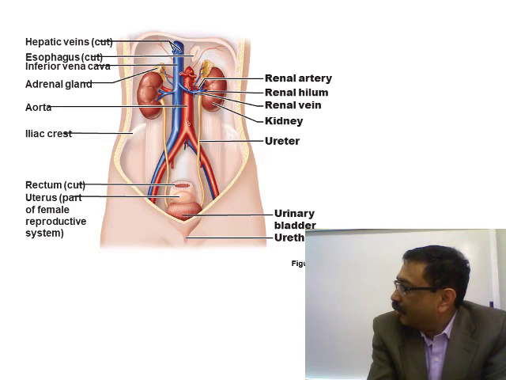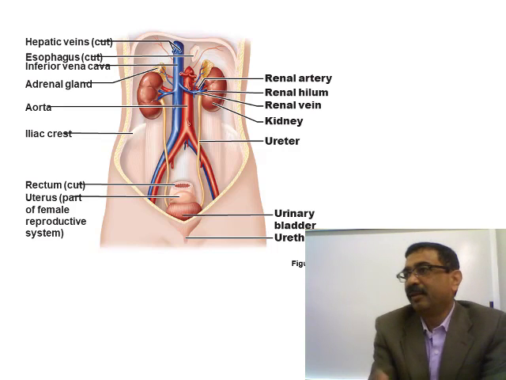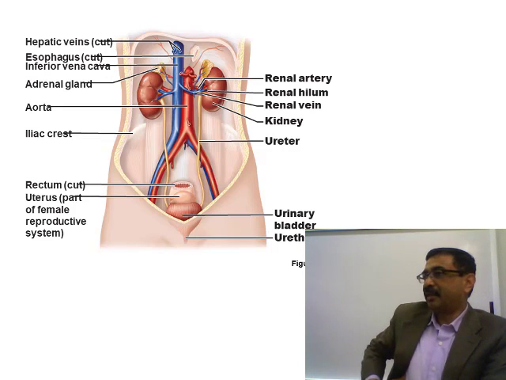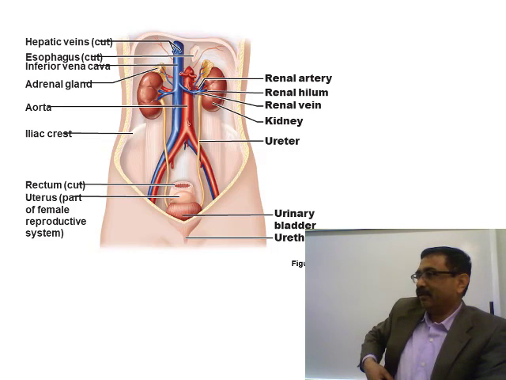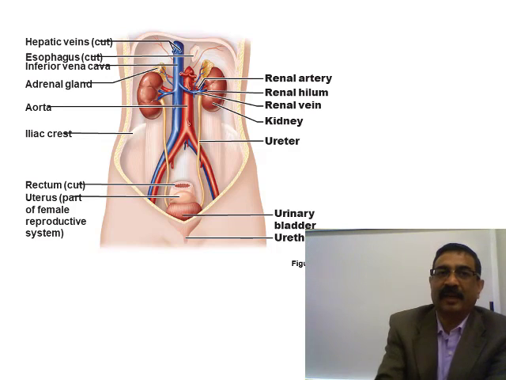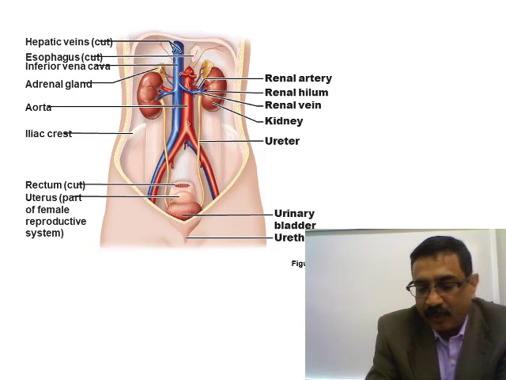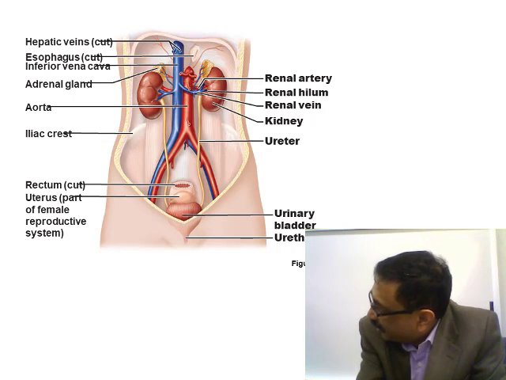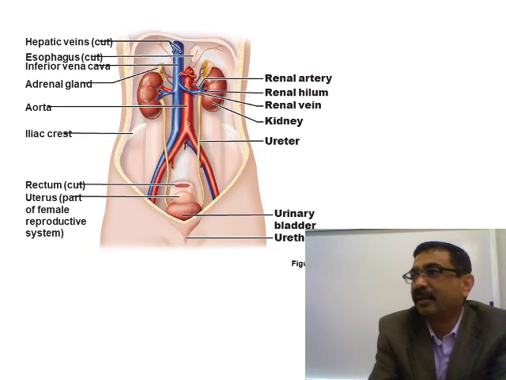Why? You know that liver is mostly in the right side, right? Above the kidney. So when the liver grows, it pushes the kidney down, right kidney downwards. That's why the right kidney is slightly lower than the left kidney.